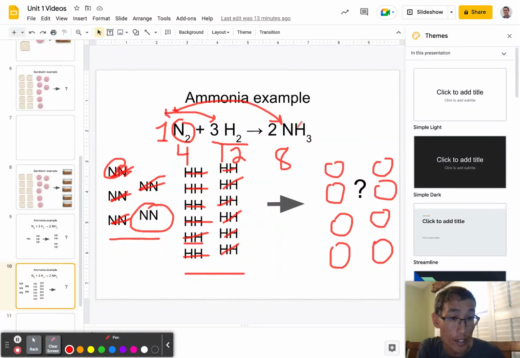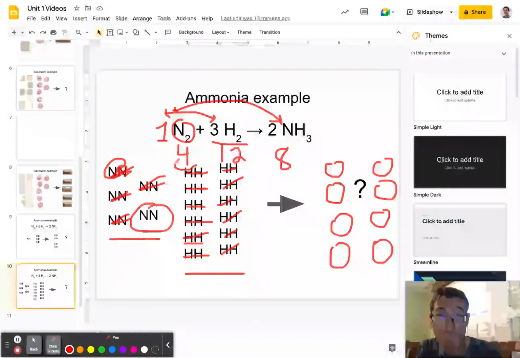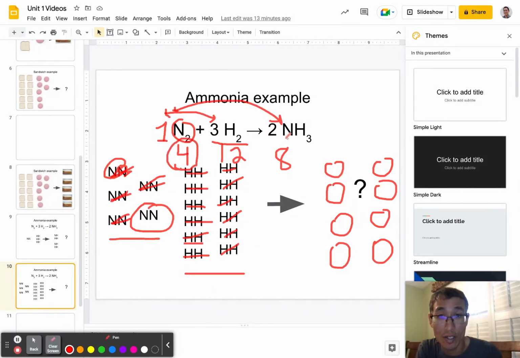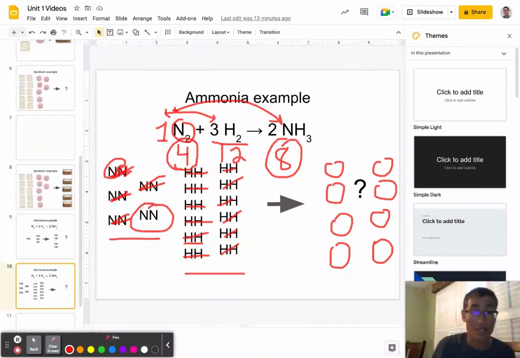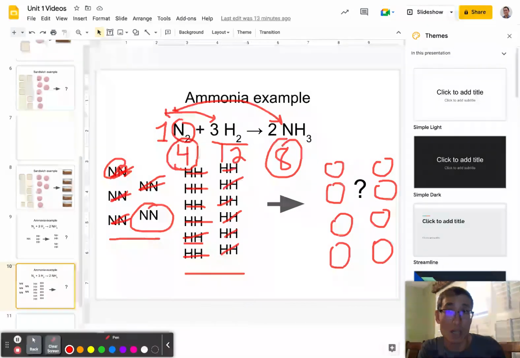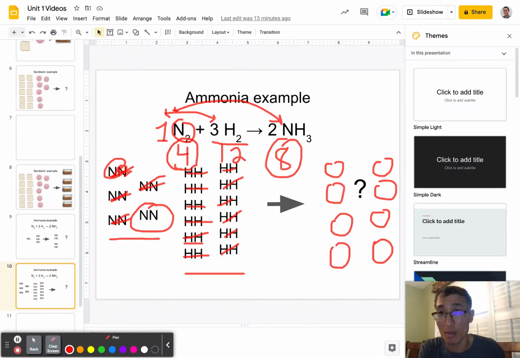That's a 1 to 2 ratio. And I take 4 here and I double it to 8. That's a 1 to 2 ratio also. So you can see some different examples of limiting reactant. The next video that I'll have shown to you is going to involve some calculations involving more complicated problems.